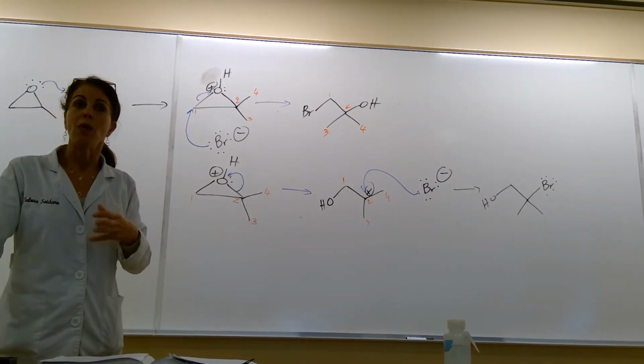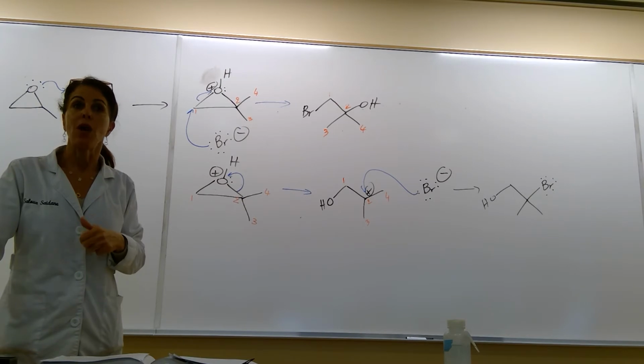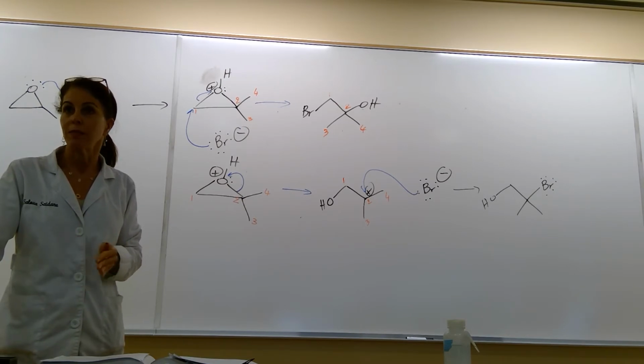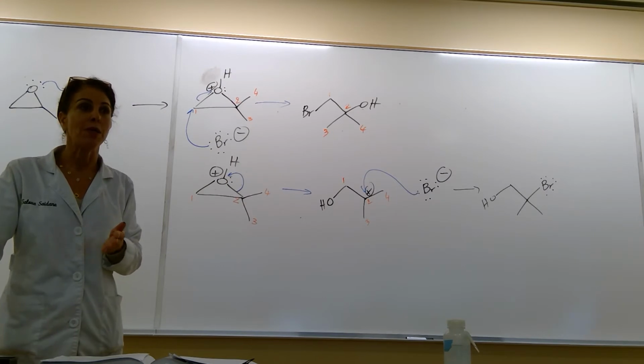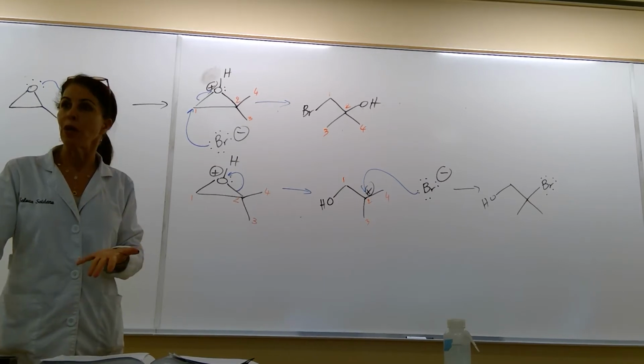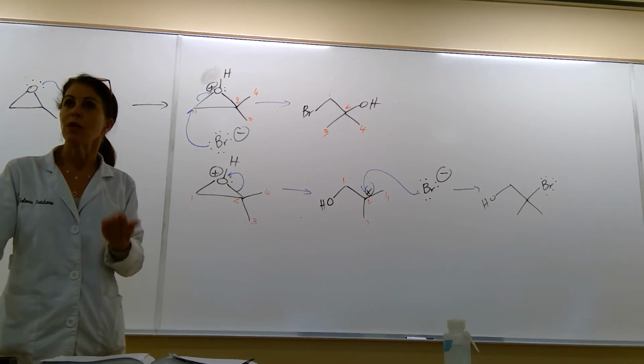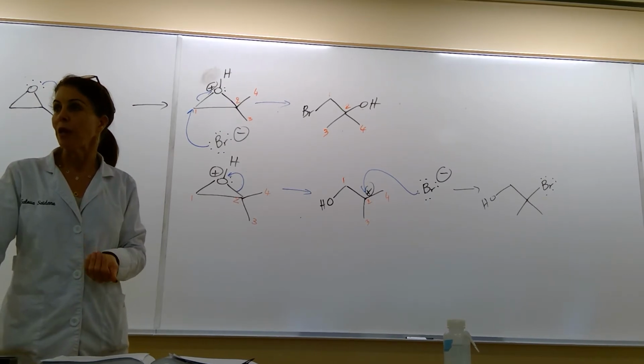So the halogen will always attack the most substituted carbon. Always. Why? Because it goes through a carbocation that's more exposed. So if you're going to form a carbocation that's exposed, then that is the better product.